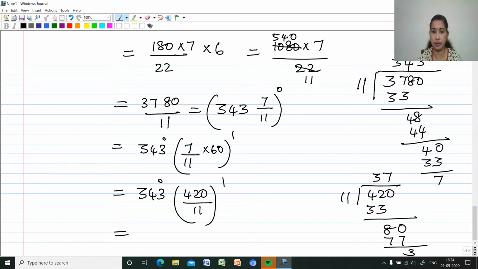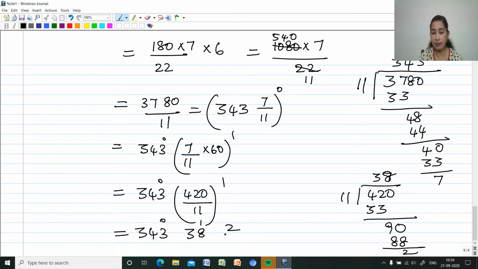Here it is 9, then 0. So 11 8s are 88. Subtracting 2. So you are getting 343 degree, 38 minutes and remaining 2 by 11.